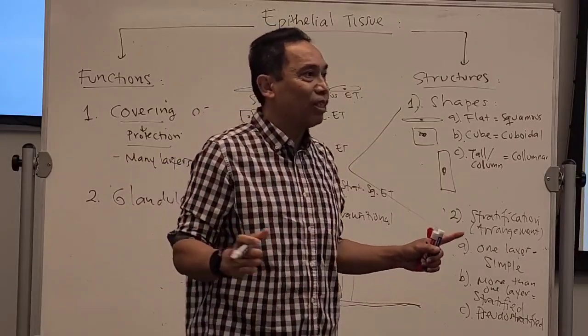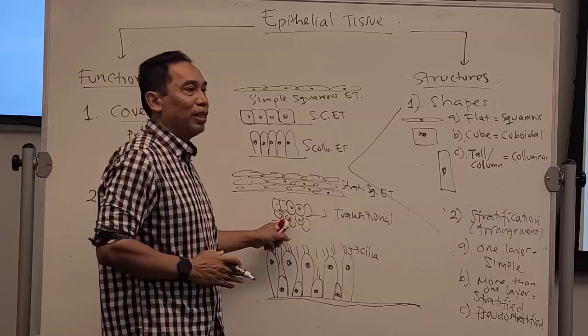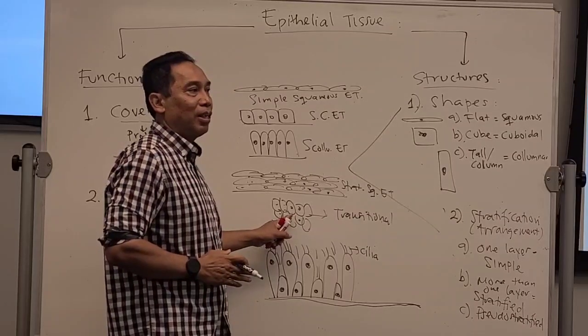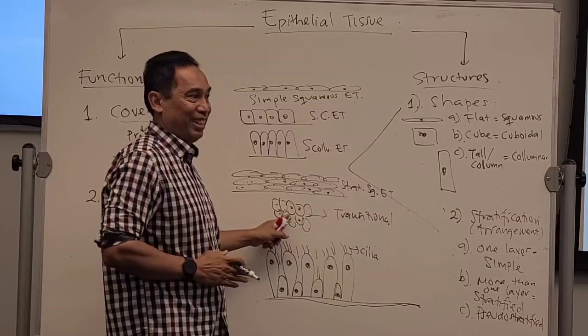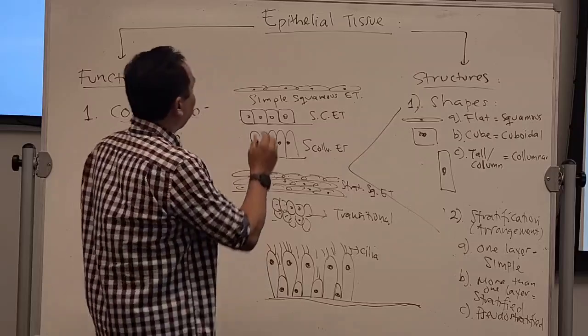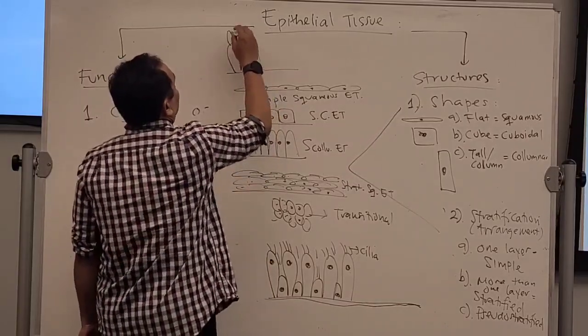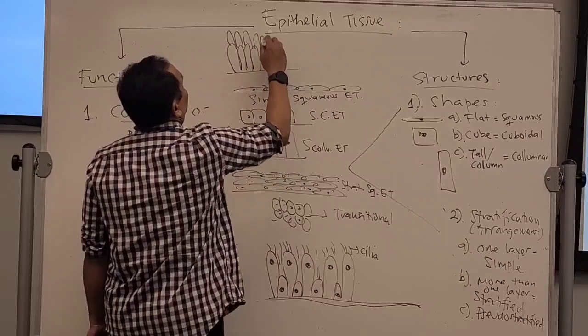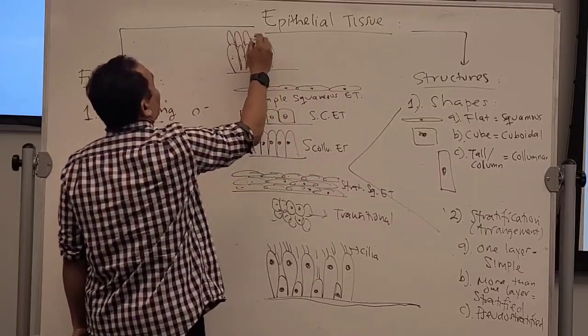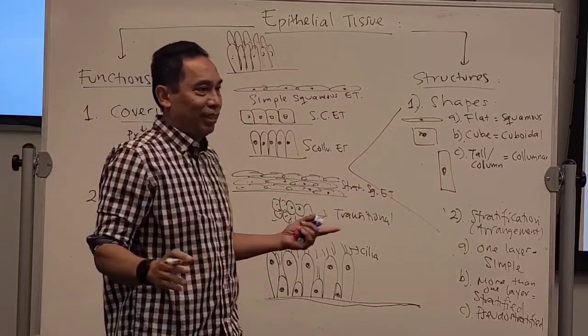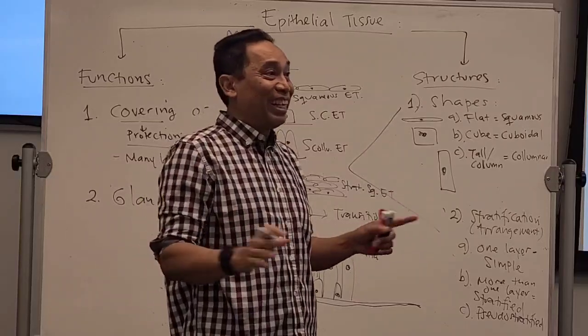It's transitional, but actually transitional cells are mostly stratified cuboidal ET. If it is tall cells with many layers, then stratified columnar ET. That's an easy name, right?